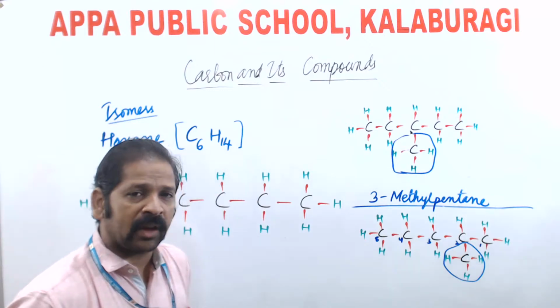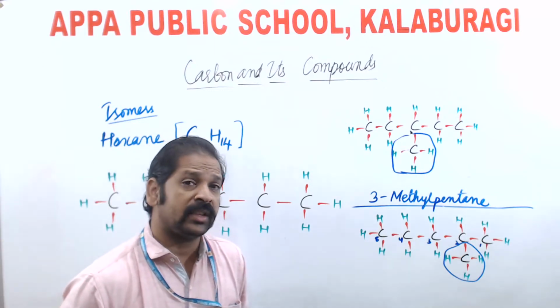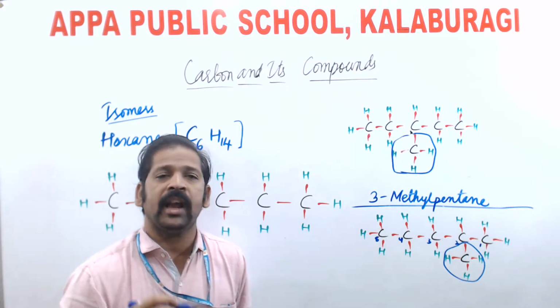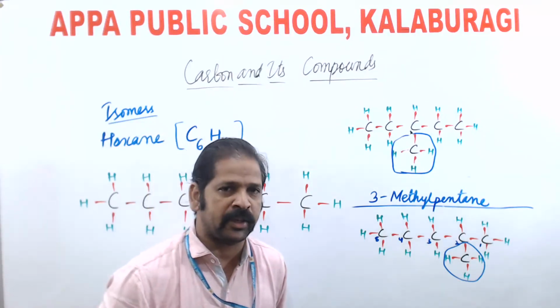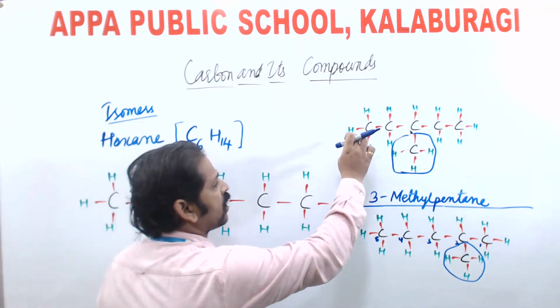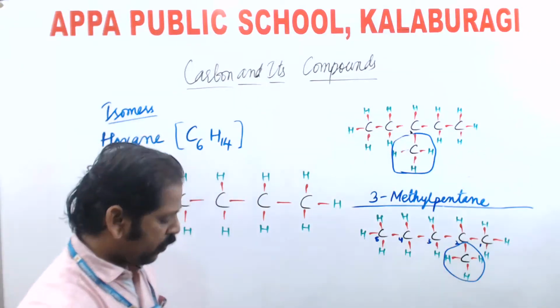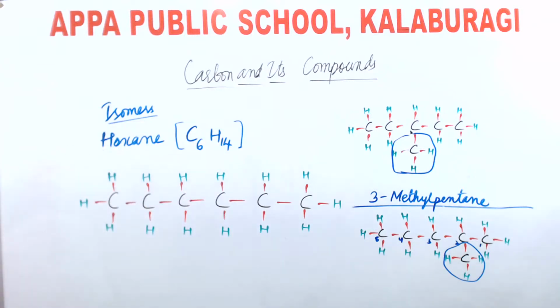I repeat the chemical once again because it is a bit difficult for you, because this is a question which was already asked in the board examination. So 5 are straight chain, 1 is branched. I repeat, 5 are straight chain.